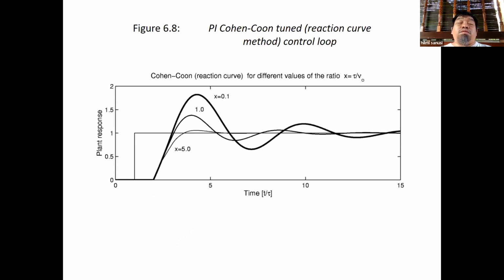So kalau Cohen-Coon, kita tengok untuk the ratio of 0.1 dengan 0.5.